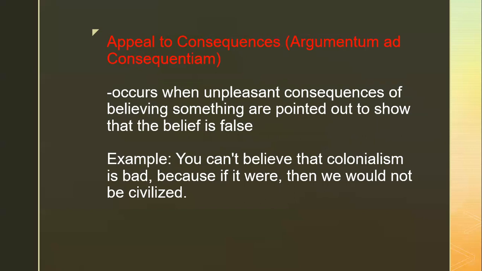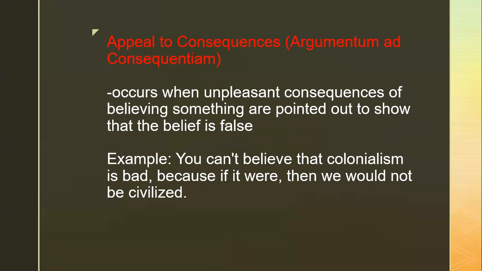Next is appeal to consequences, also called argumentum ad consequentiam. It occurs when unpleasant consequences of believing something are pointed out to show that the belief is false. So this is a type of argument which appears to be either true or false based on whether the premise leads to desirable or undesirable consequences.